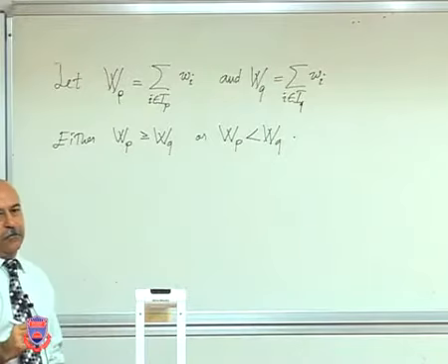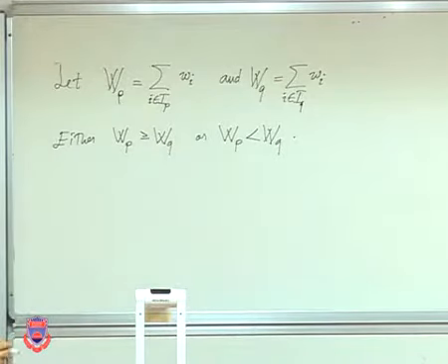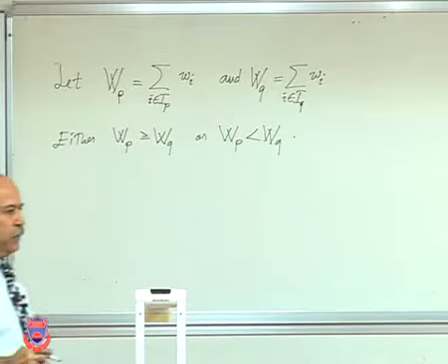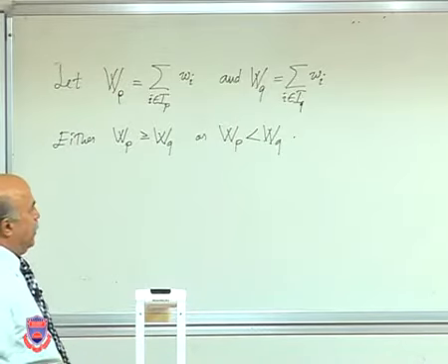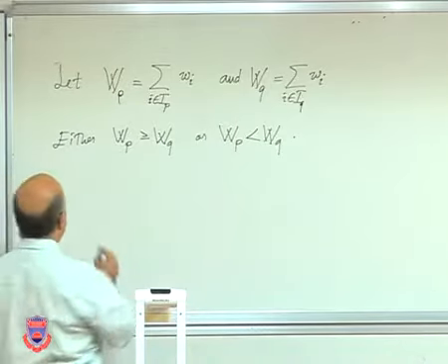Now I've got only two possibilities: either WP is greater than or equal to WQ, or WP is less than WQ. So we're going to prove the node optimality for both cases separately.